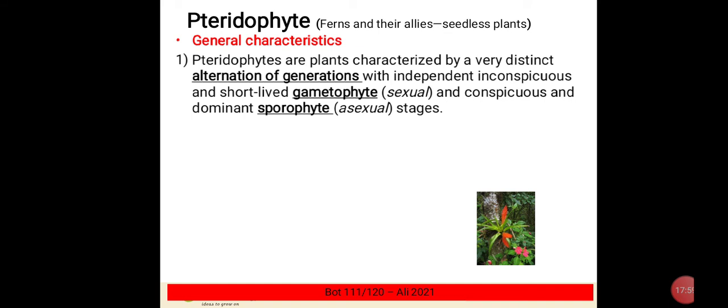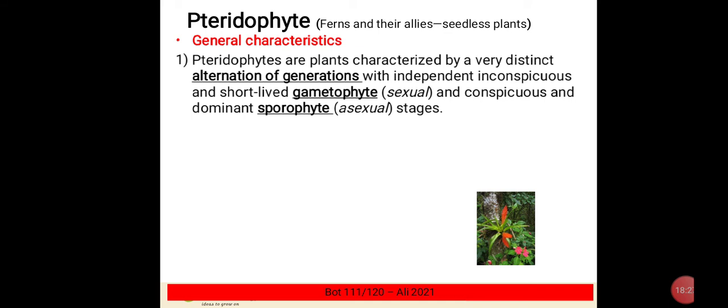This haploid gametophyte produces sexual structures known as the antheridia and archegonia, as we said earlier. The sporophyte generation produces the asexual structures. We call them the spores. Sporophyte produces spores, gametophyte produces gametes.